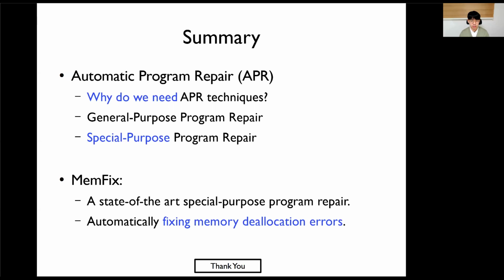Lastly, I focused on introducing a state-of-the-art technique for fixing one of the prevalent errors in the OpenSUSE project, which is memory deallocation errors. The key idea of MemFix is to use static analysis and reduce the original problem, finding the correct patches, into solving the exact cover problem.